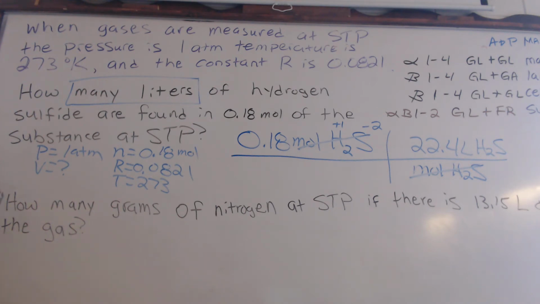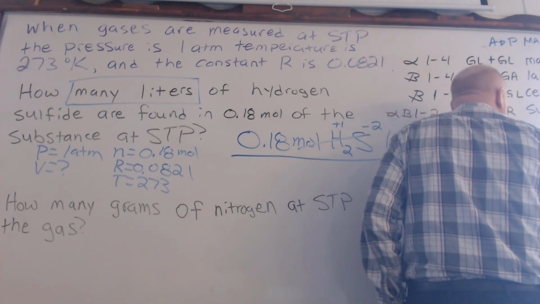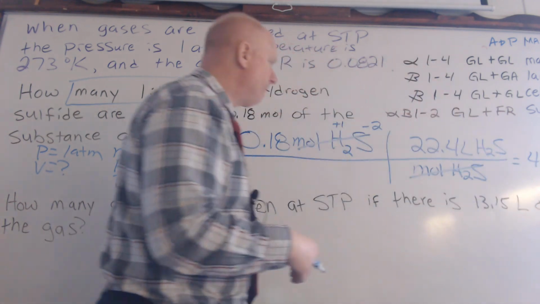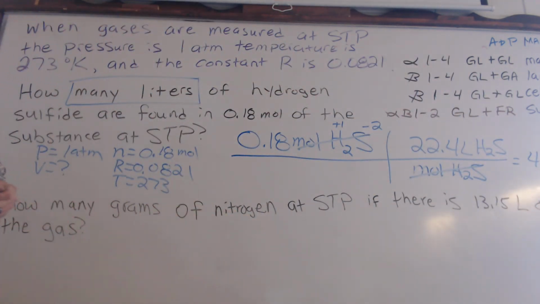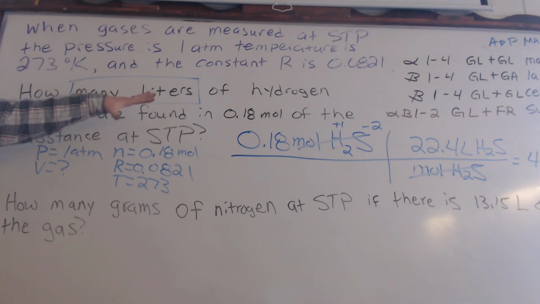So did someone calculate that out? Liters of H2S. Okay? Questions on this top one? Okay. Let's move on to the bottom. How many grams of nitrogen at STP? I worded that very well, did I?